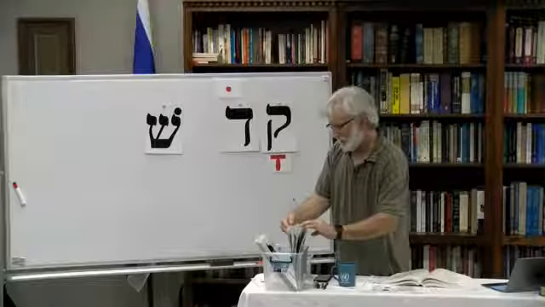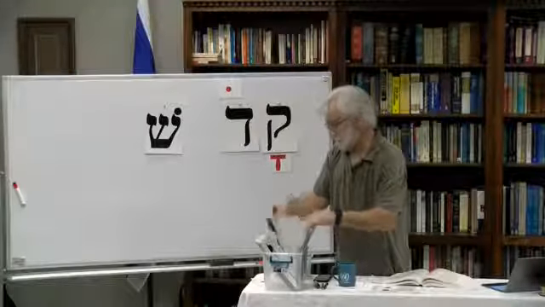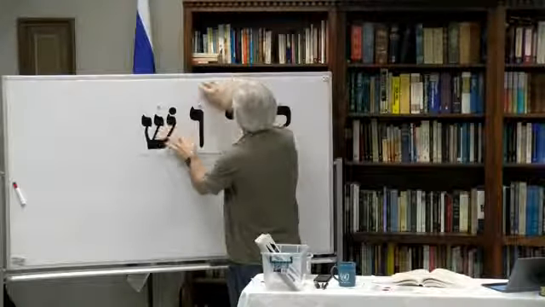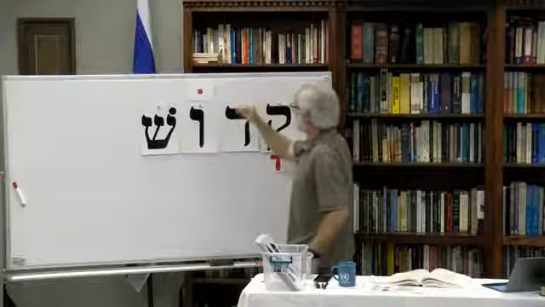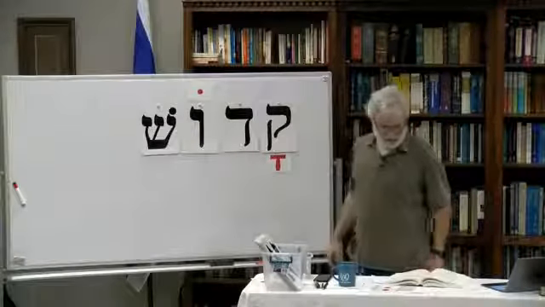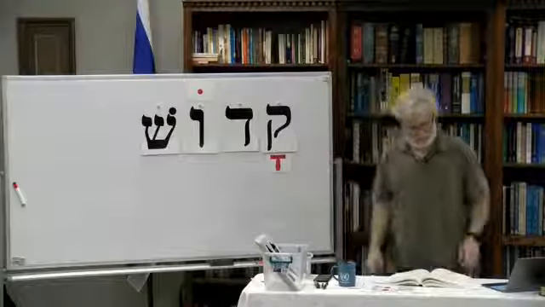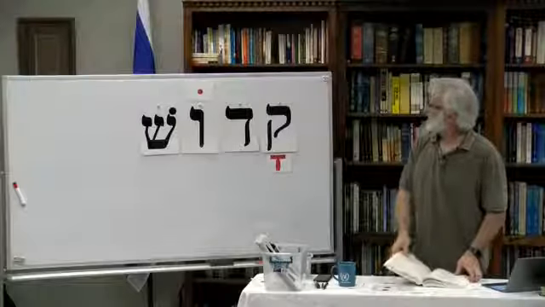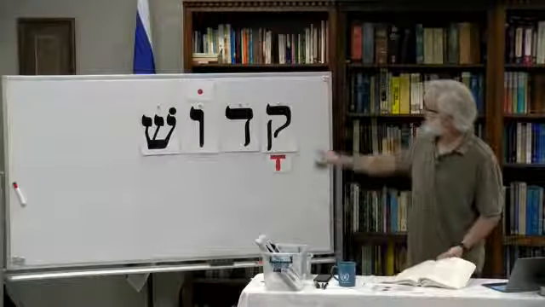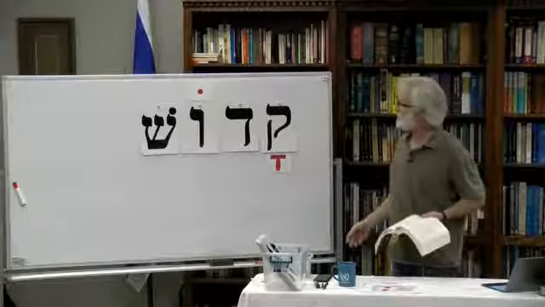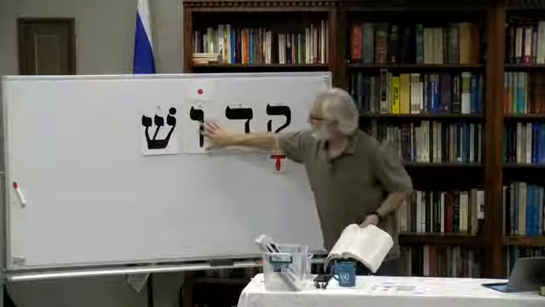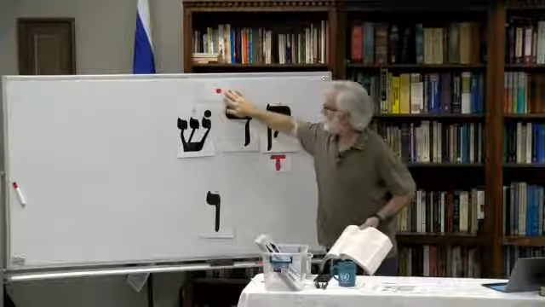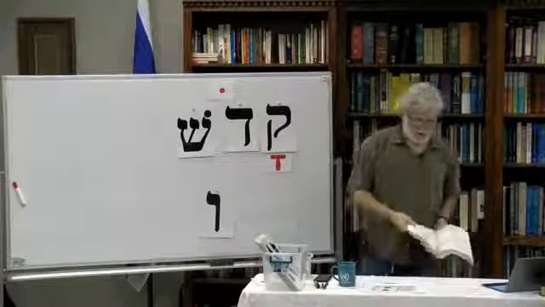In other words, this spelling has the vav in it as such. Kadosh, kadosh. And you can look these up. This is Exodus chapter 19 and verse 6. Same pronunciation, but notice sometimes it's spelled with the vav, sometimes it's spelled without. It's pronounced the same way.